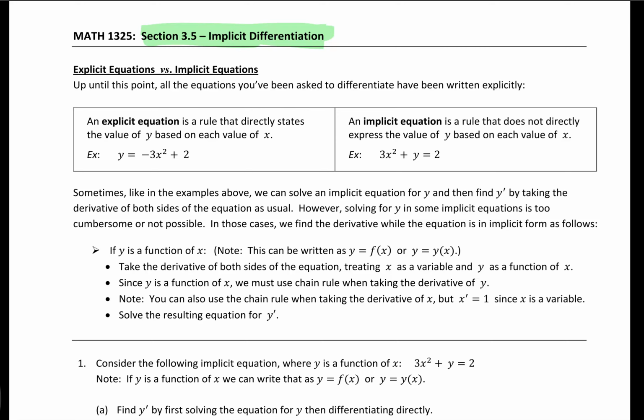So there's two ways we can write a function or an equation here. We can write it explicitly, or we can write it implicitly. An explicit equation is what you're used to. It's really pretty. You have a variable isolated on one side of the equation, and then the other variable is on the other side.